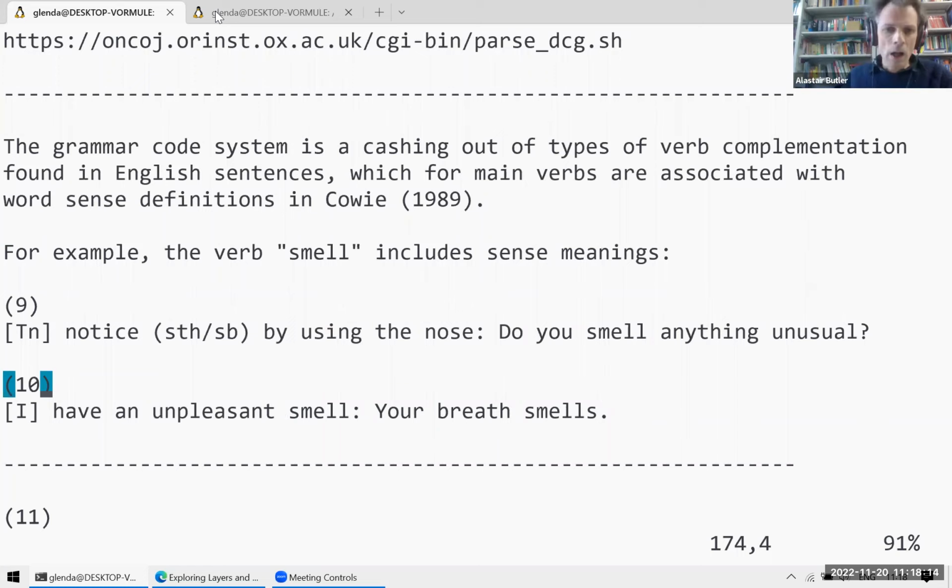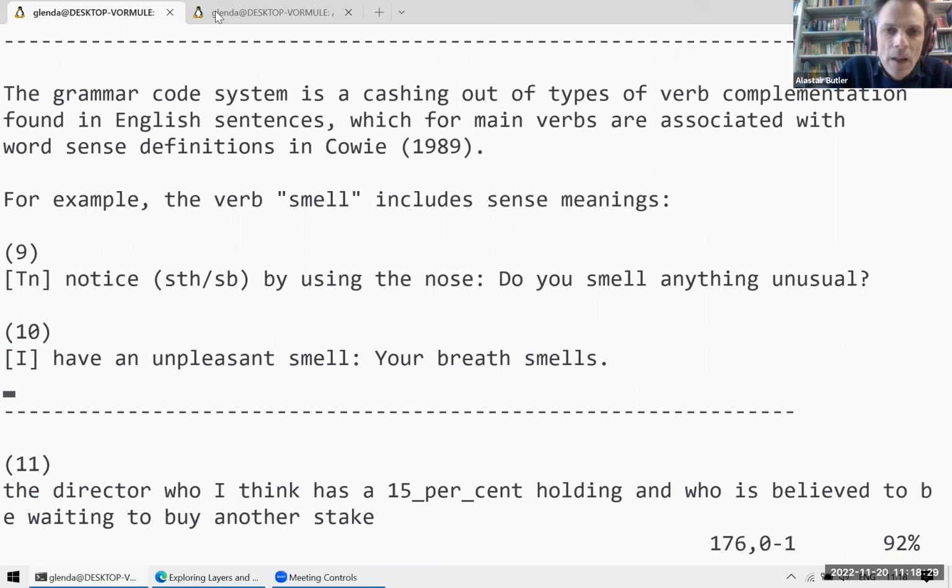So these grammatical codes are actually very interesting. A large number of the codes that I'm using are sourced from the Oxford Advanced Learner's Dictionary, the 1989 version by Cowie, and this is attractive because these codes, this disambiguation information, are linked up with word sense meaning.